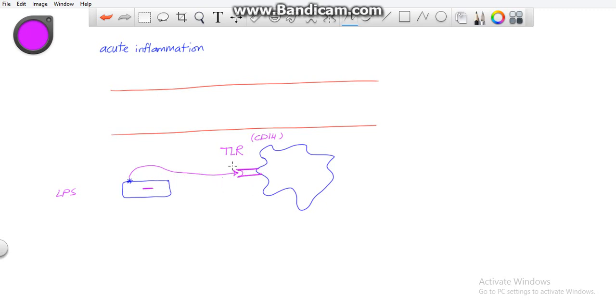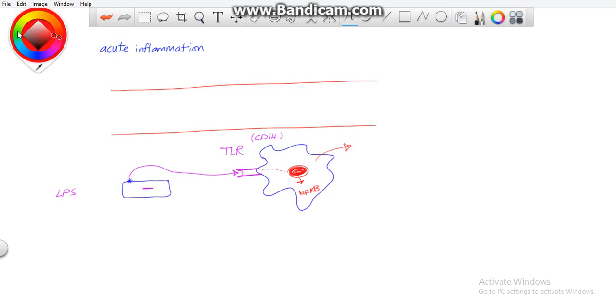Once it's bound, it sends signals to the nucleus to produce transcription factors, in this case NF-κB, and this transcription factor will stimulate the cell to produce some immune mediators. This is basically the mechanism by which Toll-like receptors work, and this is the first thing that mediates acute inflammation.